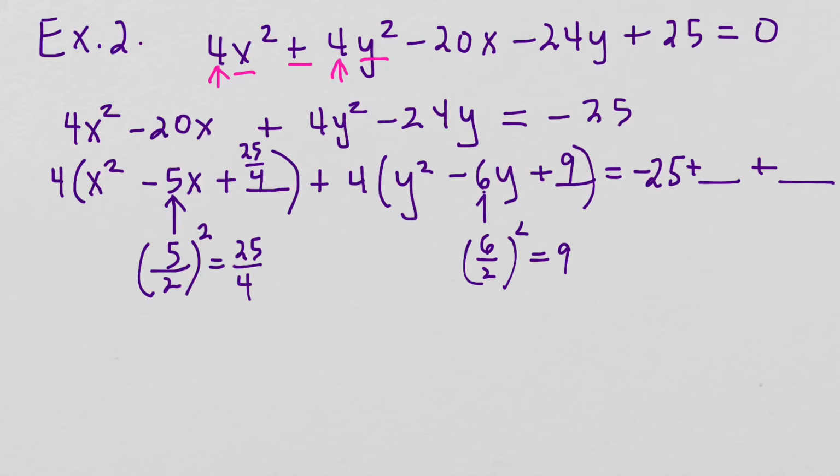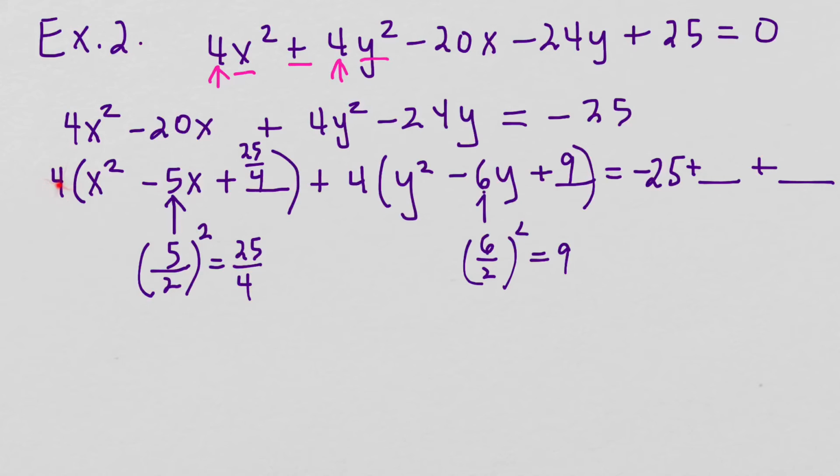All right, now what's going to be different here when you have a coefficient is that we really have a distributing situation here. We have 4 times 25 fourths that I've added into the equation, not only 25 fourths. So this is a very common error that can be made if you're not careful.